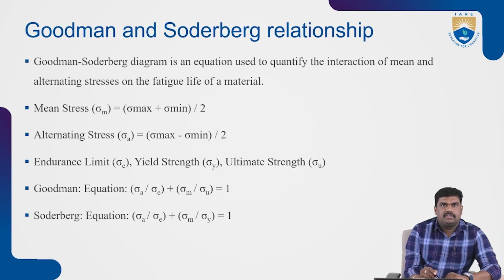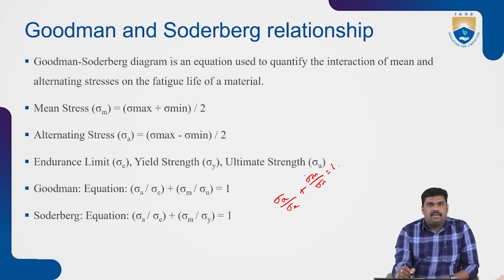The endurance limit is sigma e, and yield strength and ultimate strength are the other points. The Goodman equation is sigma a divided by sigma e, that is alternating stress or stress amplitude divided by endurance limit, plus mean stress divided by ultimate strength, equal to 1. If it is less than 1, it is safe. If it is greater than 1, it is an unsafe condition and failure will occur.